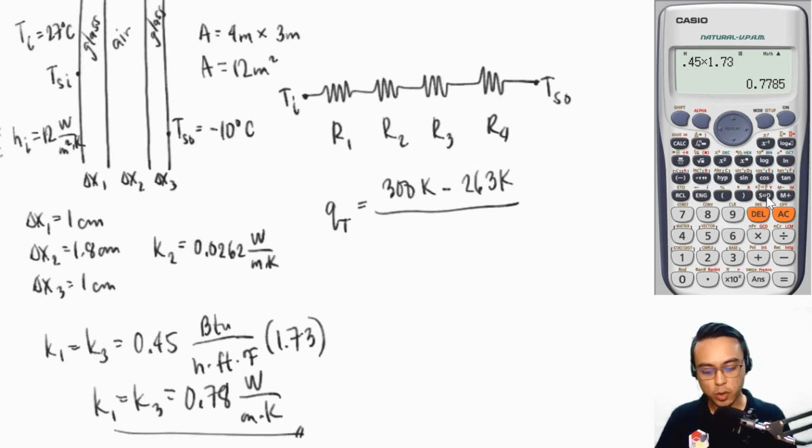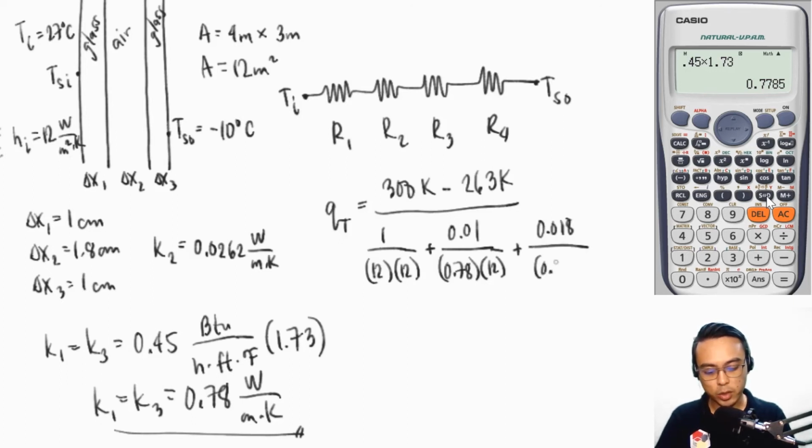So the first resistance due to convection, that is 1 over h times A, 12 square meters, plus for R2, that is delta x, 0.01, divided by kA, k is 0.78 for glass, times area, 12 square meters, plus for the layer of air, delta x2, 0.018 over 0.0262, the thermal conductivity of air, times area, 12, plus the final layer of glass, 0.01 over 0.78 times area, 12.